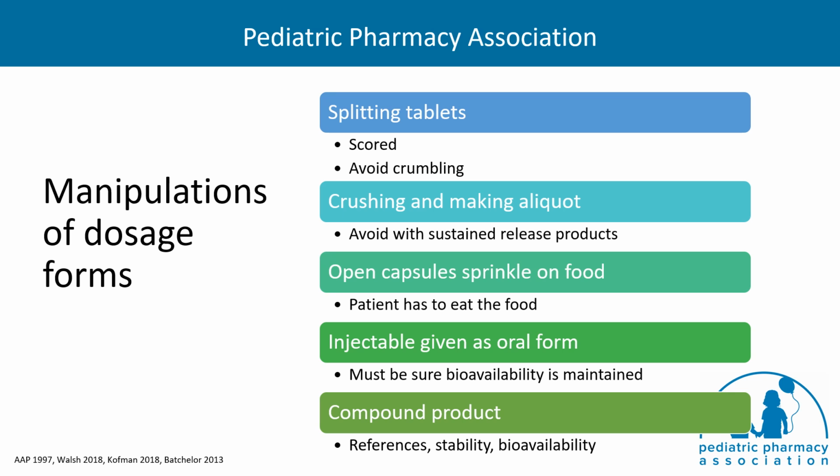We can use some injectable medications enterally, as long as the bioavailability is maintained. And we can compound dosage forms if we have stability and bioavailability data. It is not easy, but we do have methods to ensure our patients get what they need safely.